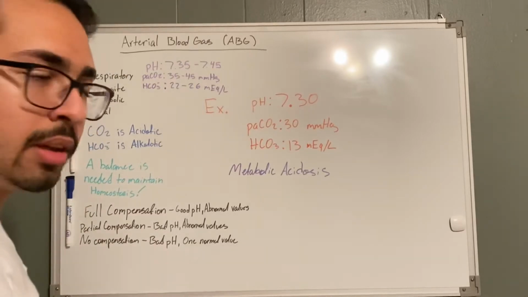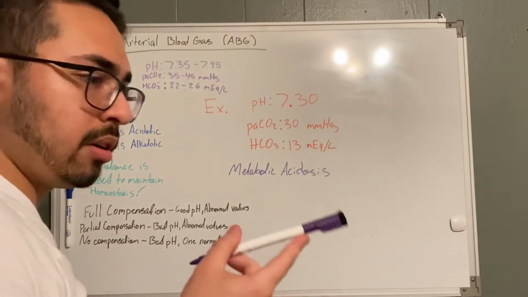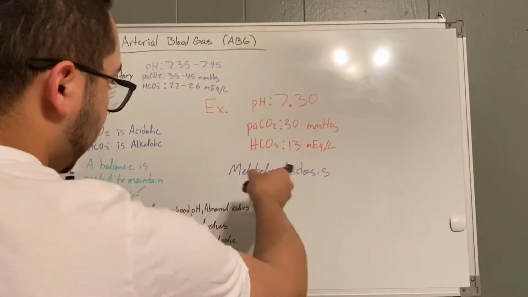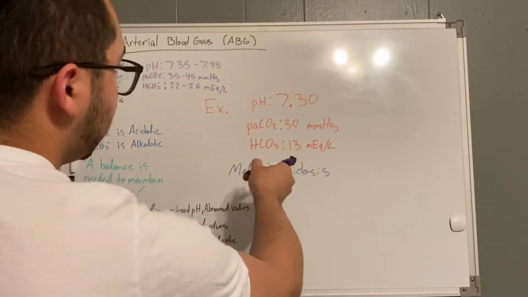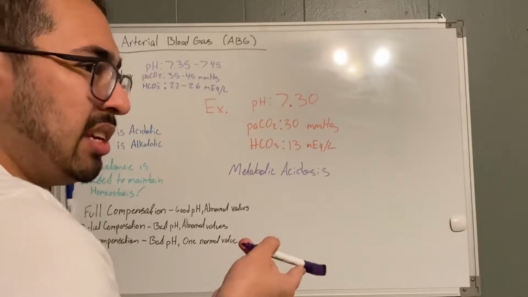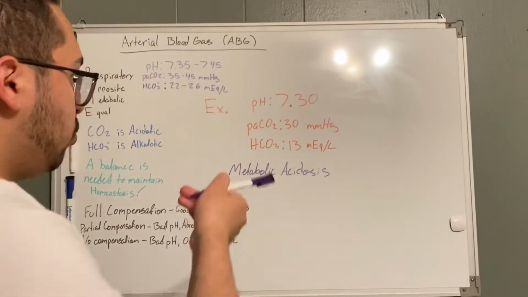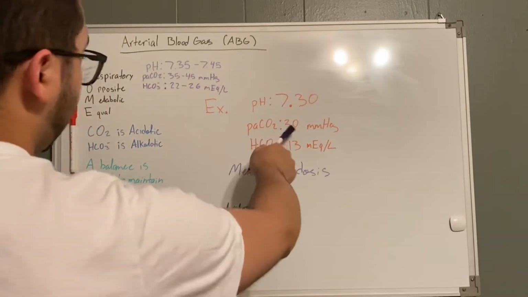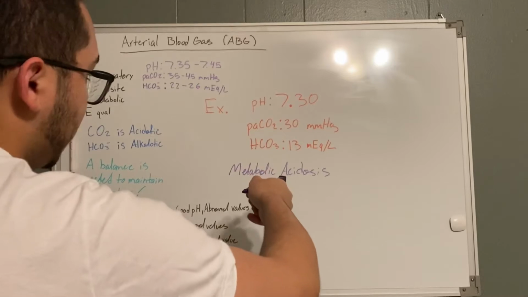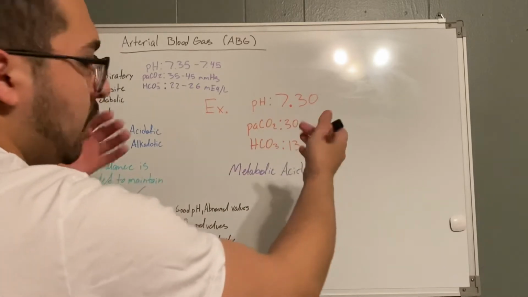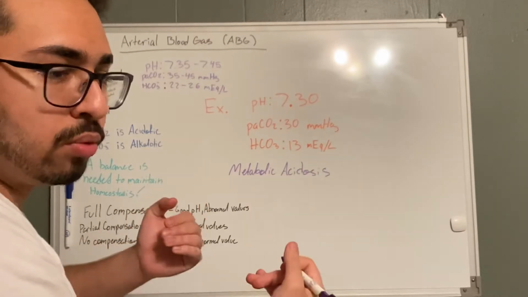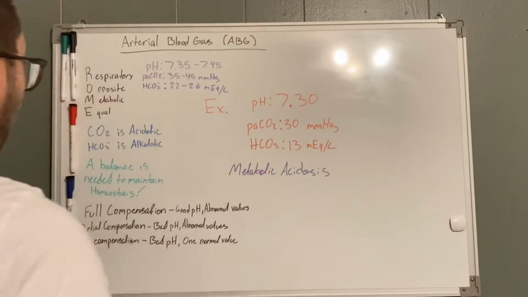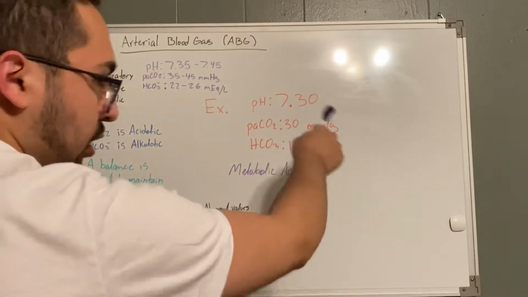Now, the next step is determining whether we're having compensation or not. Now, our bicarb is low. That's an issue. Our body recognizes this and is going to typically try to compensate by altering its carbon dioxide level. So we look at our carbon dioxide level, it's low. That means that our body is trying to keep that carbon dioxide level low in an effort to raise the pH. So that tells us that it's compensating.